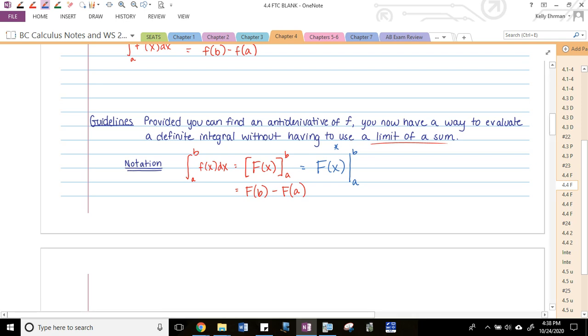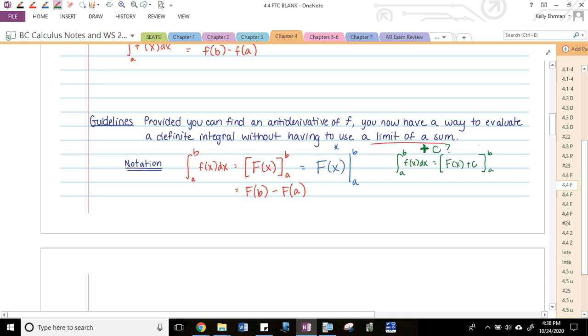And why don't we have a plus c, by the way? What happened to our plus c? Because for indefinite integrals, there could always be a plus c somewhere. So if you think about this, if you take the integral from a to b of f of x dx, the antiderivative would be capital F of x plus c, right? Evaluated from b to a.